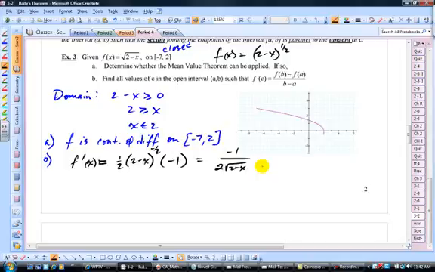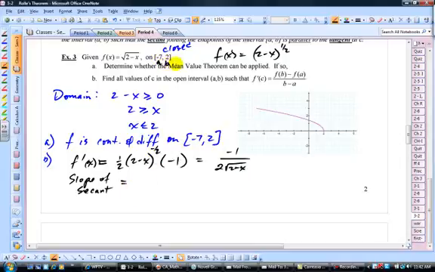Step 2: find the slope of the secant line. The slope of the secant is equal to f of b minus f of a, all divided by b minus a. In general, a is here and b is here.